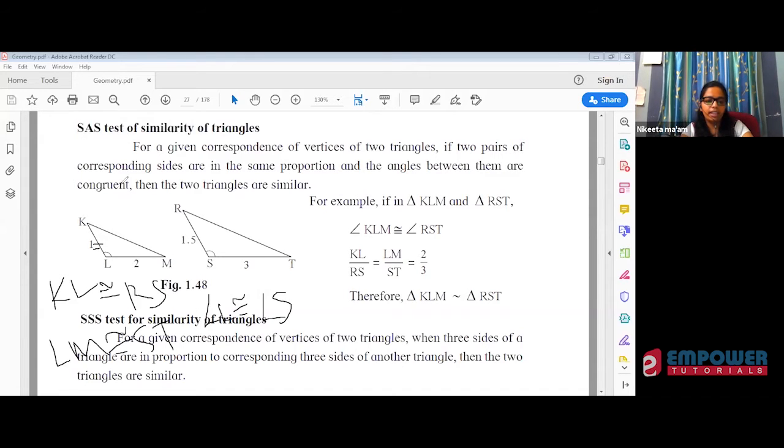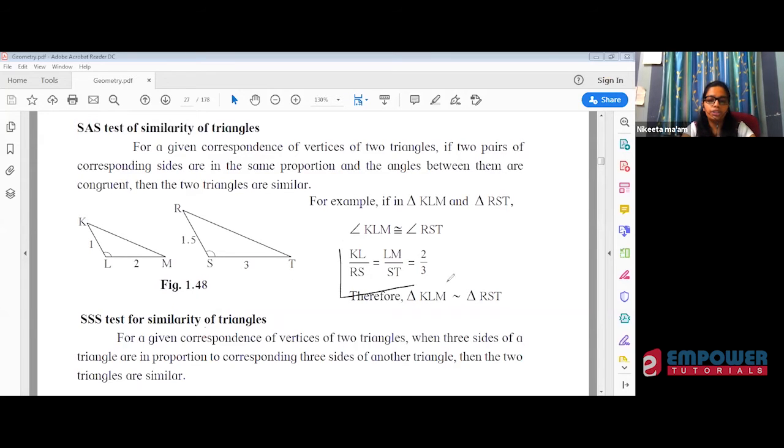But in this case, we don't have congruent sides. We do have two sides which are in proportion. So what we have to prove is that two sides are in proportion and one angle is congruent, then we can say that these two triangles are similar to each other by SAS test.